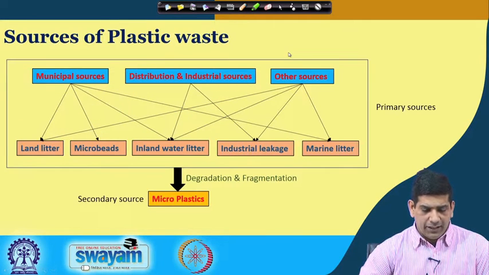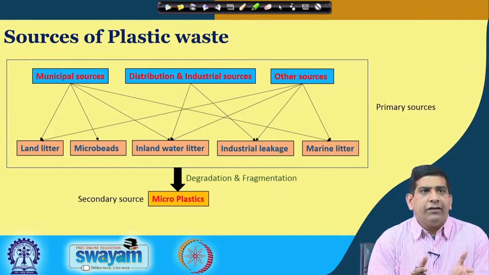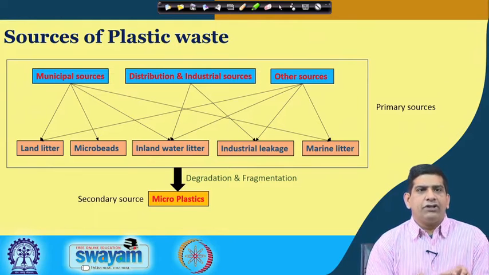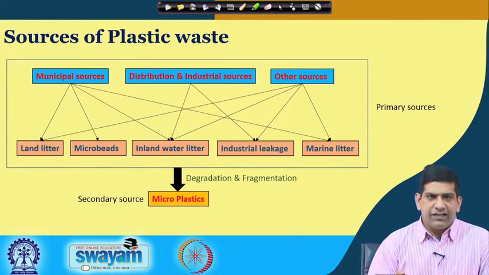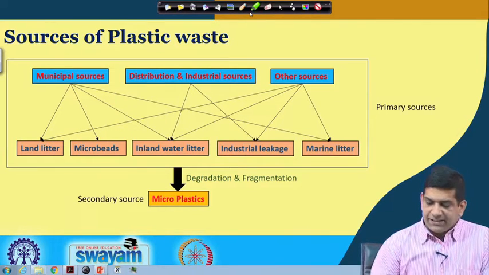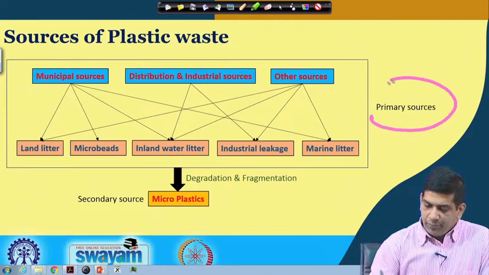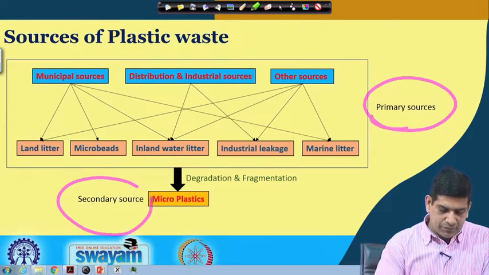These are the sources where we get most of the plastic waste coming into our environment. And then where they typically end up. If you look at plastic waste coming into the environment, and think about how it happens, here is a small flow chart trying to explain that. What we have tried to do here is distinguish, in terms of plastic sources, a primary source and a secondary source.